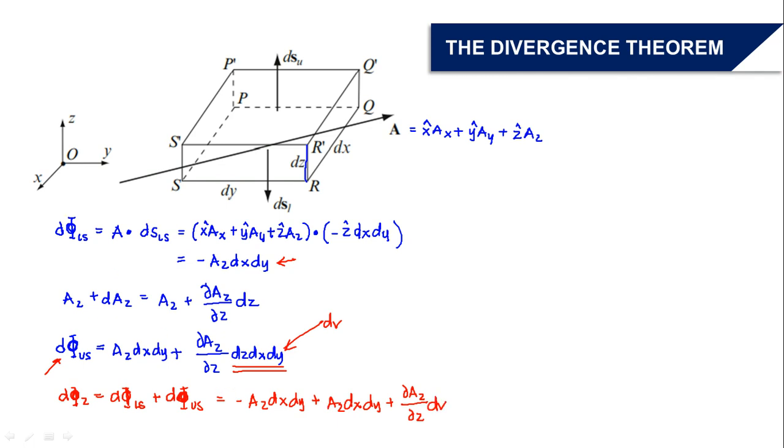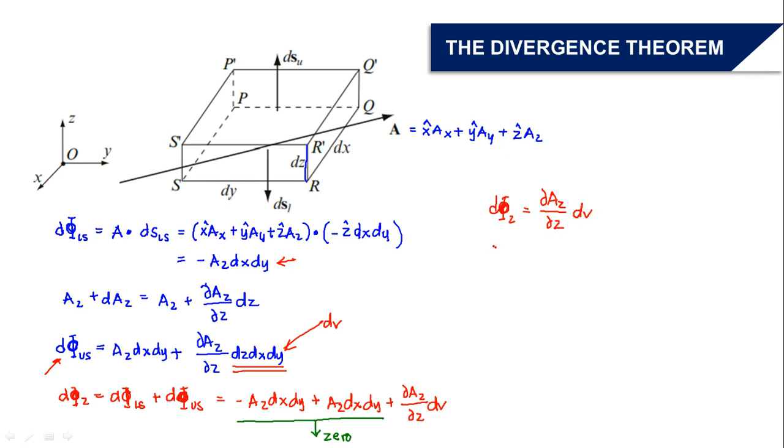So, mangyayari, itong dalawa na to, tama ba? Zero yan. Okay? Bakit? Kasi mag-cancel lang yan, dalawa na yan. So, ang matitira lang sa atin is yung ating total flux sa z direction, equal yan sa partial derivative ng ating a sub z with respect to z dv.